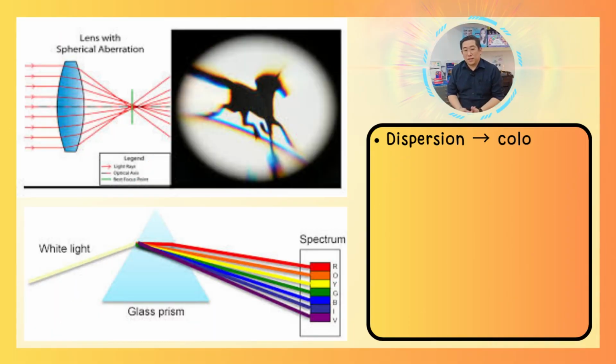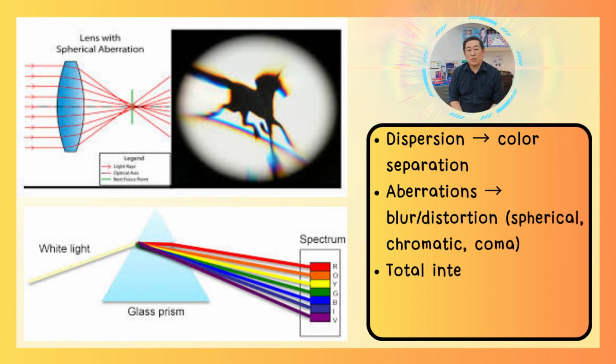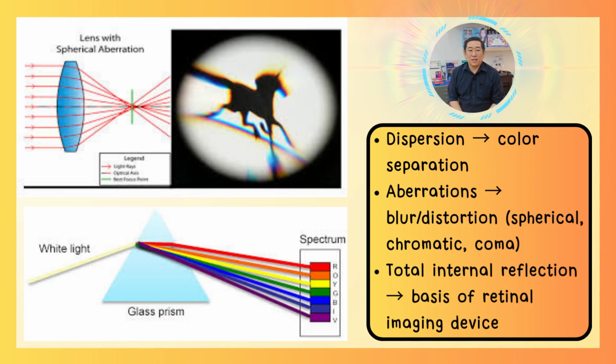Beyond basic refraction, the eyes also encounter several optical phenomena. First, dispersion, a separation of white light into colors, which is why chromatic aberration can slightly blur images. Second will be aberrations. These include spherical aberration, coma, and chromatic aberration, all of which distort images if uncorrected.